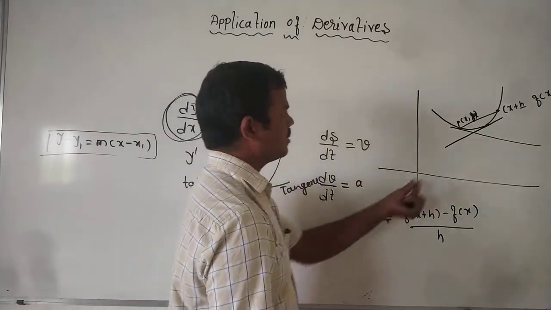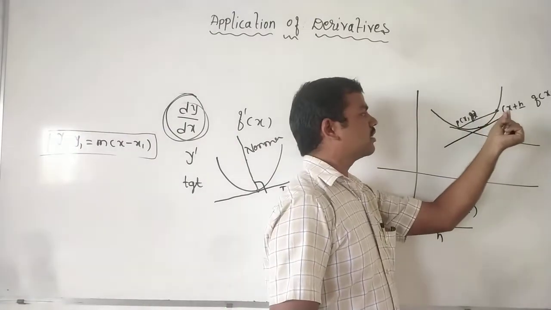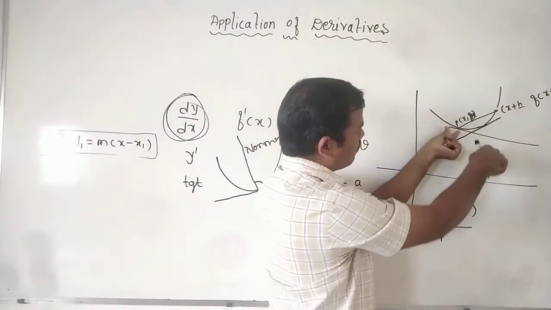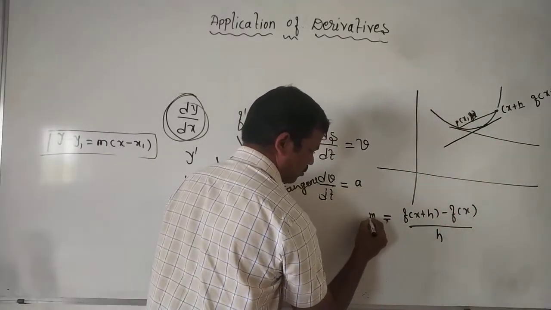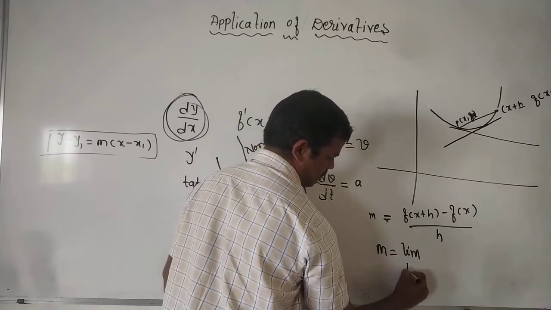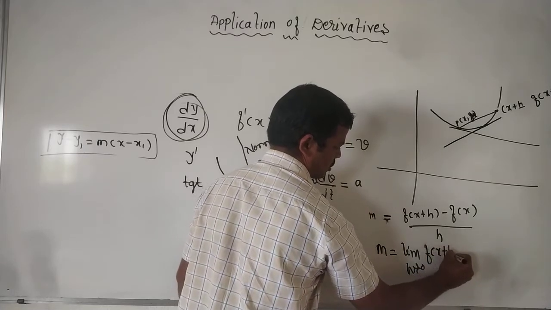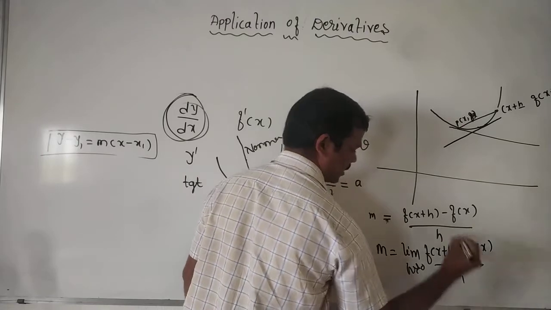So when this slope of the curve becomes a tangent, when h tends to 0, the line becomes a tangent to the curve. So the slope is the limit as h tends to 0 of f of x plus h minus f of x divided by h.